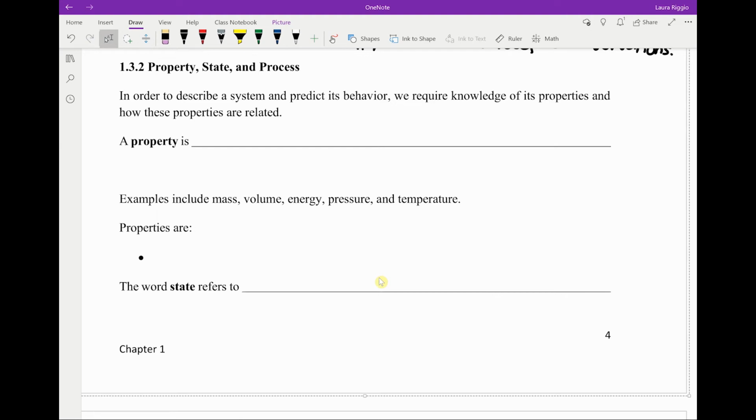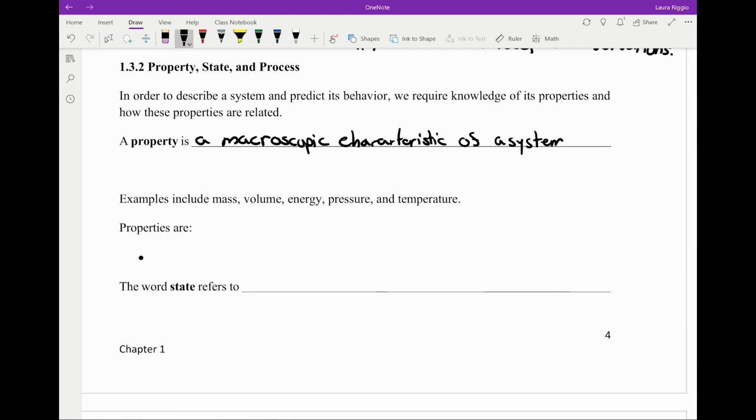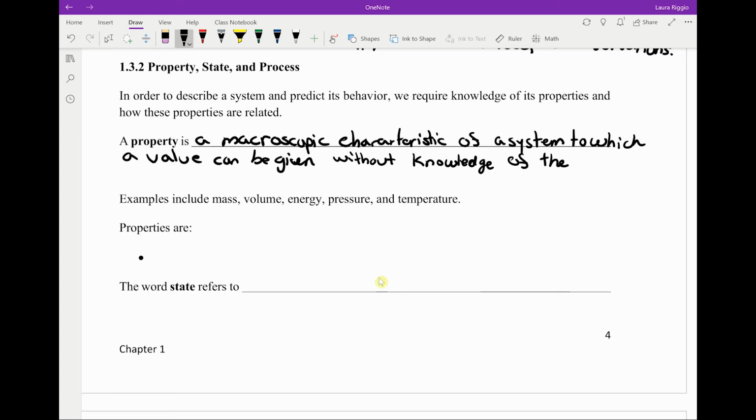So a property is a macroscopic characteristic of a system to which a value can be given without knowledge of the previous behavior of the system.